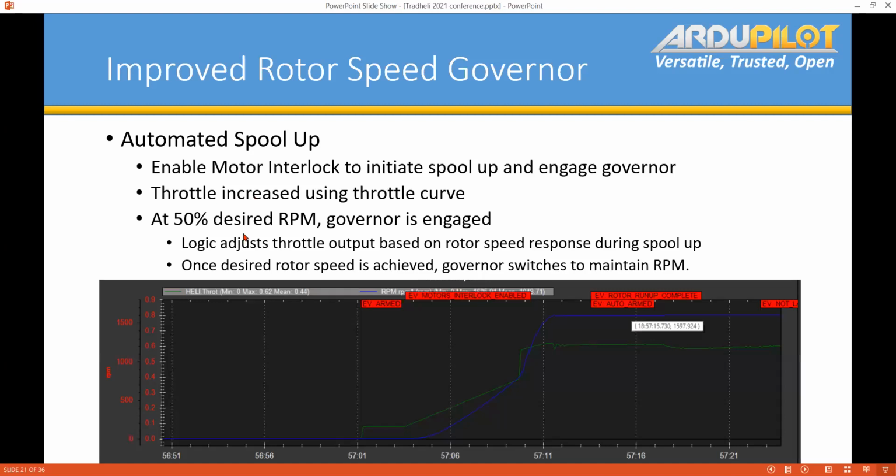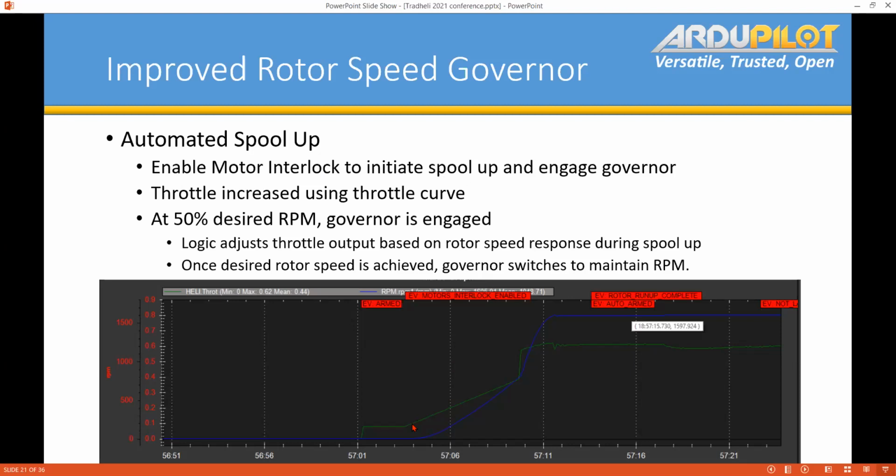So the spool up, I have shown it here just to give an example. This is from real flight, this is actual real data. I can't remember what helicopter type it is, but in any case, it had essentially a simulated combustion engine. Basically, you enable motor interlock, and that initiates the spool up.